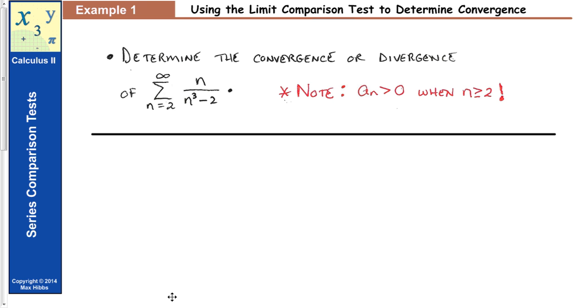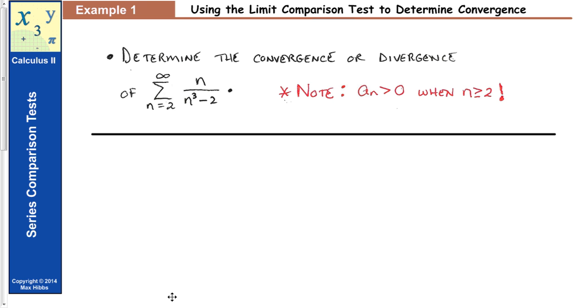The reason this is starting at n equal 2, I've got this note over on the right, is if n is equal to 1, we would have 1 over 1 minus 2, which would be negative. So remember, the limit comparison test requires that all of the terms be greater than 0. They can't be 0 and they can't be negative.